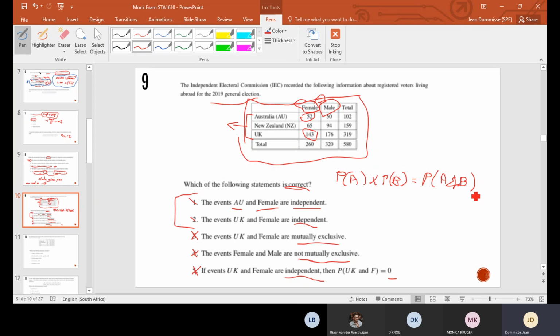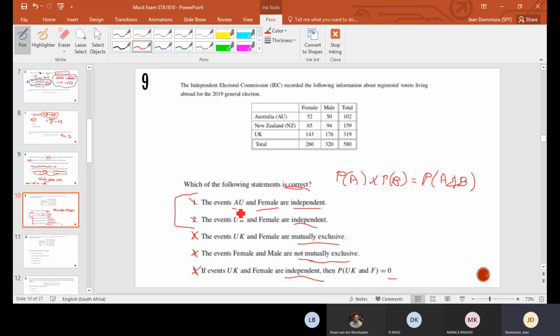So we need to calculate it for the first one, see if it's correct or not, and then do it for the second one as well. So for the first one, let's erase that so that we can see better.